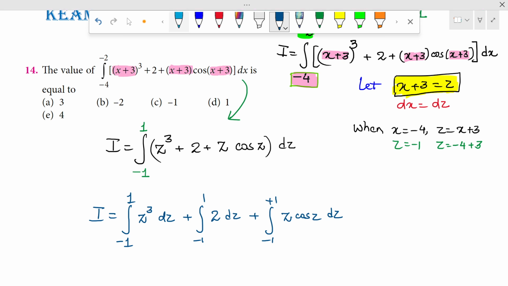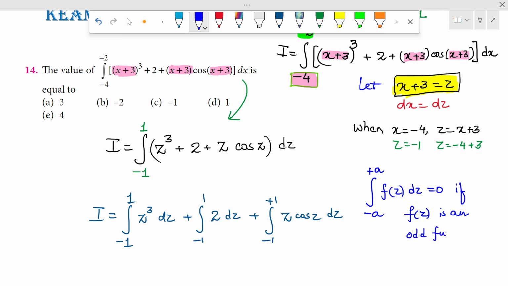Now we have a formula: integral from minus a to plus a of f(z) dz is equal to 0 if f(z) is an odd function.